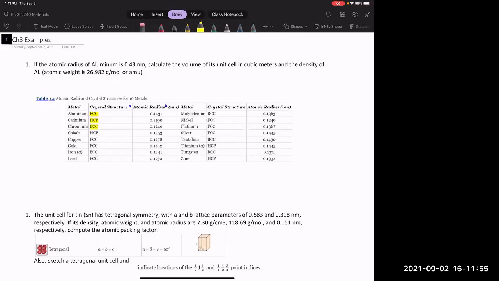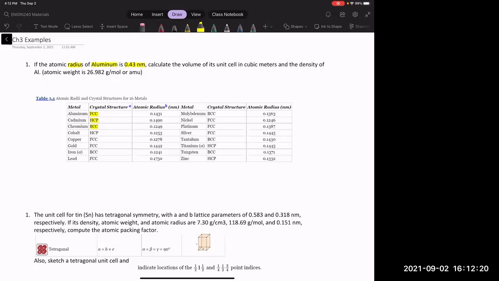So the first thing, when you're doing homework and you have a similar problem, is to look at what material they give you and what the structure of that material is. You're given aluminum, and they give you the radius of the aluminum.